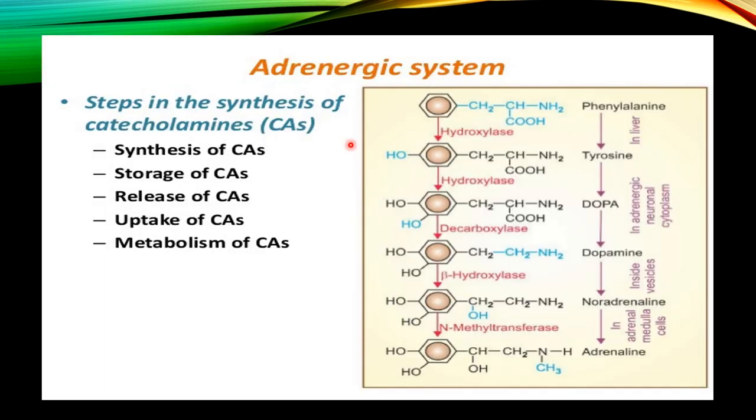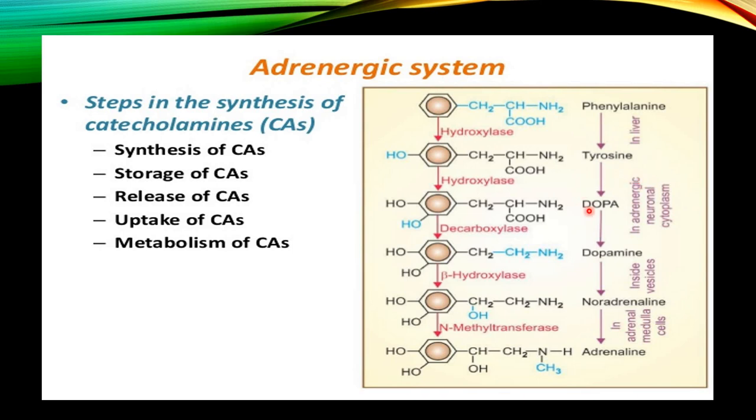Next is the various synthesis, storage, release, uptake and metabolism of catecholamines. Here there is a schematic diagram where you can see the starting point is phenylalanine, which occurs in the liver and forms tyrosine.